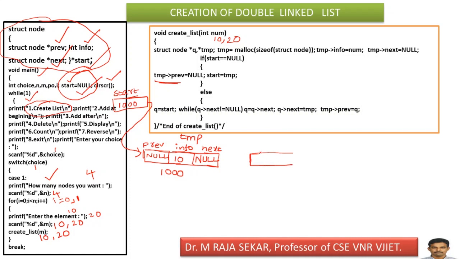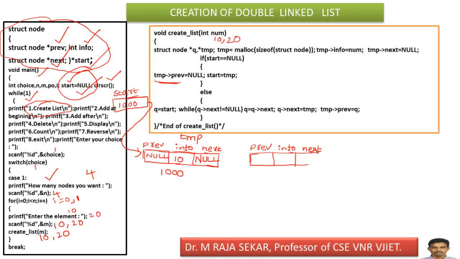What happens? Your first field is prev. Your second field is info. Your third field is next.